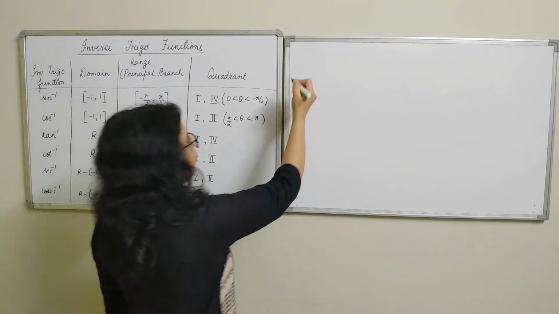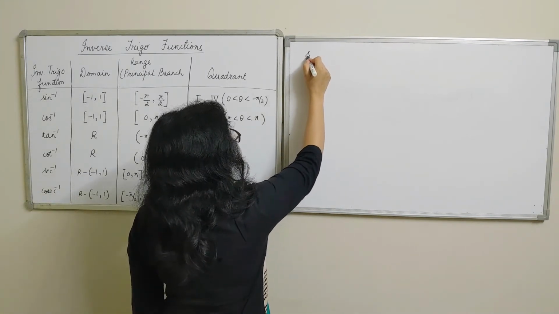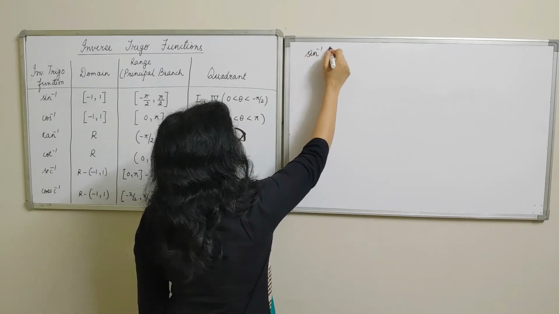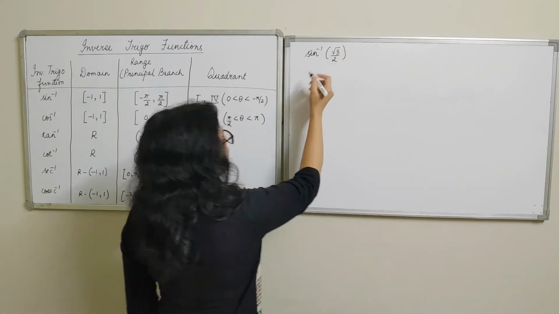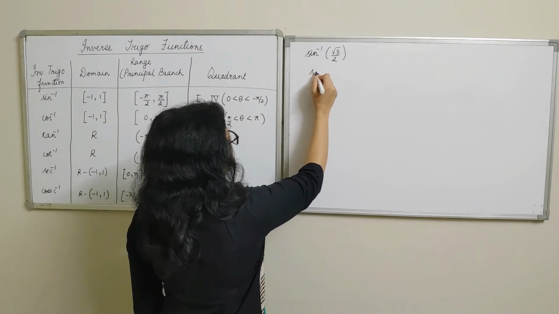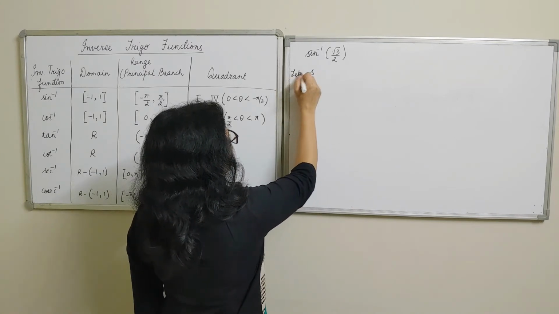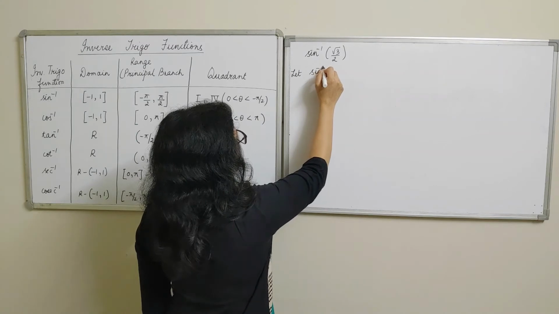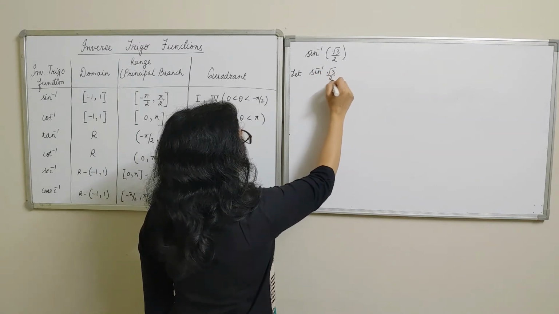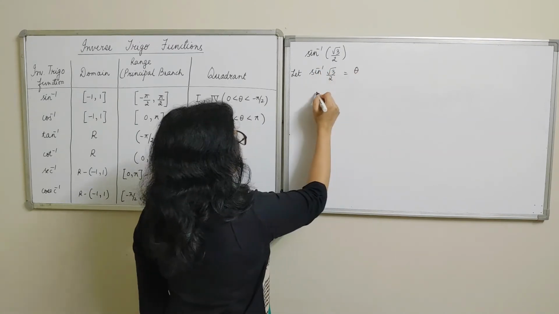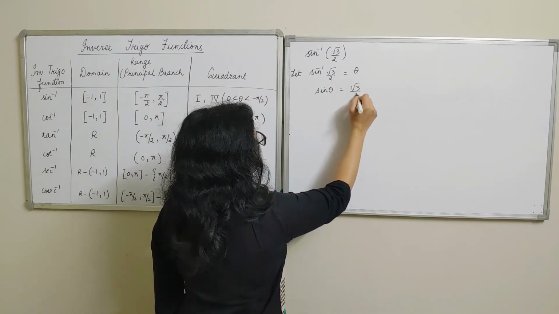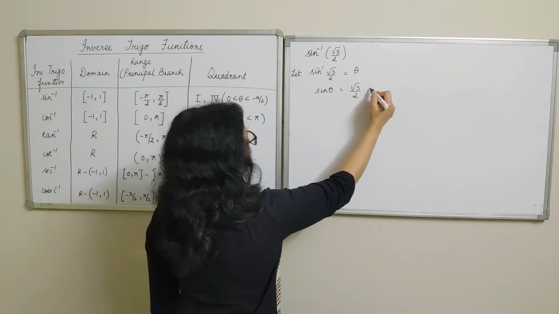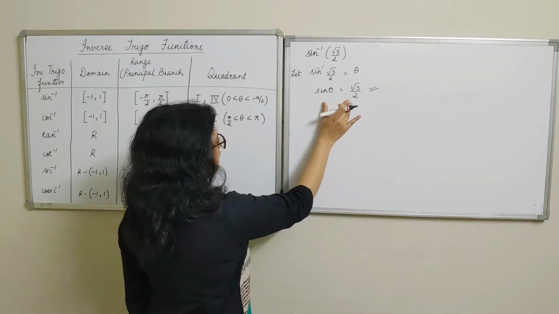So now let's see how we are going to use the result. Suppose we want to find out sine inverse root 3 by 2. By basic trigonometric knowledge, let us consider that sine inverse root 3 by 2 is theta, so that sine theta can be written as root 3 by 2. This is a kind of equation we are usually familiar with.